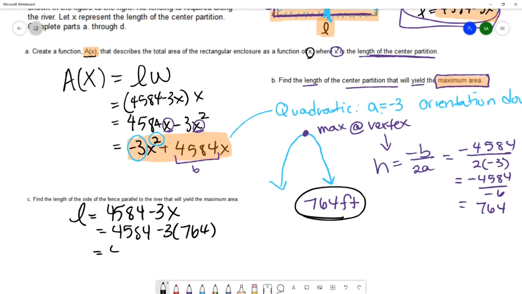Three times 764 is 2,292. So we're going to do 4,584 minus 2,292, and that gives 2,292. So the length of the side that is parallel to the river will be 2,292. So that will produce the maximum area.